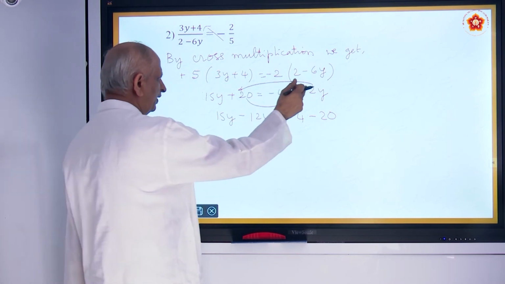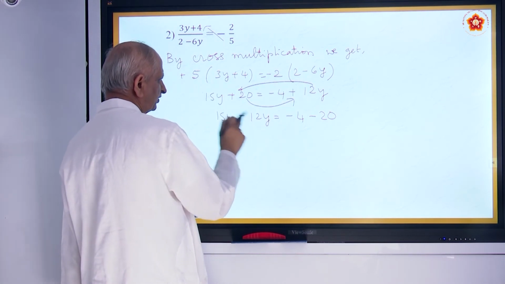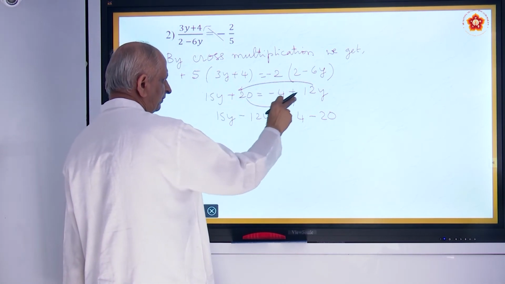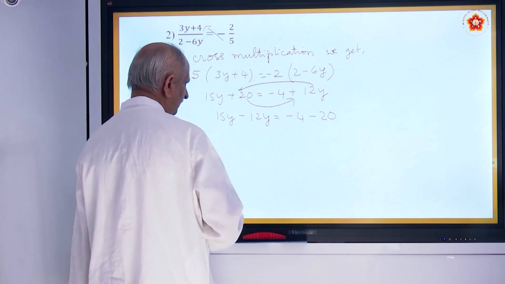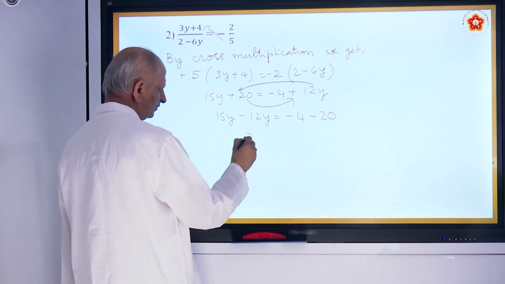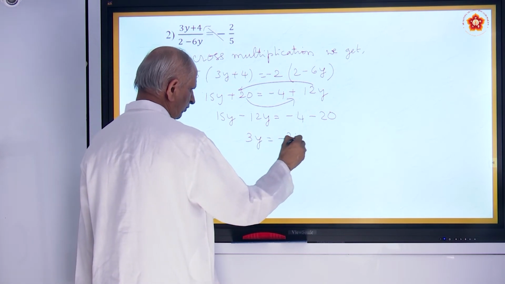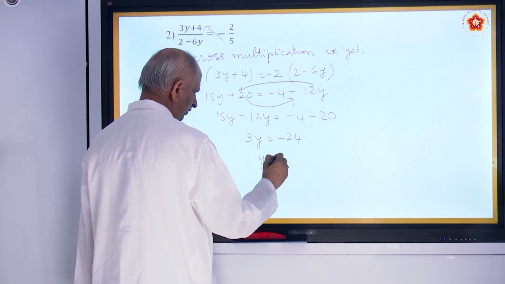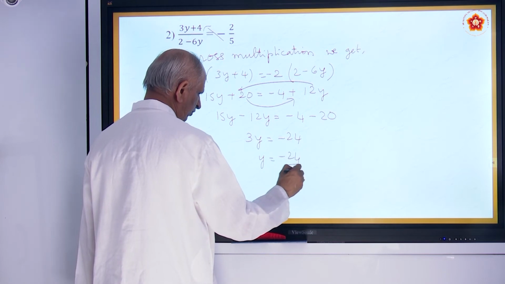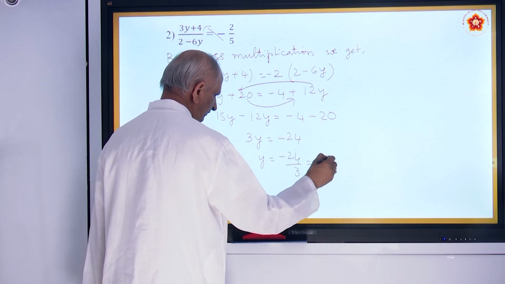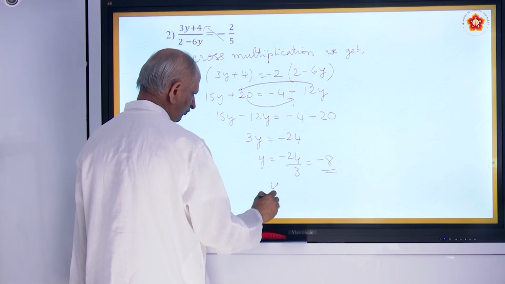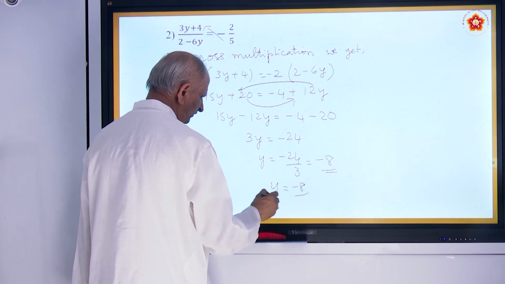So plus 12y brought to left side becomes minus 12y, plus 20 brought to right side becomes minus 20. Noted? So 3y is equal to minus 24, y is equal to minus 24 by 3, that is minus 8. So the value of y is equal to minus 8.